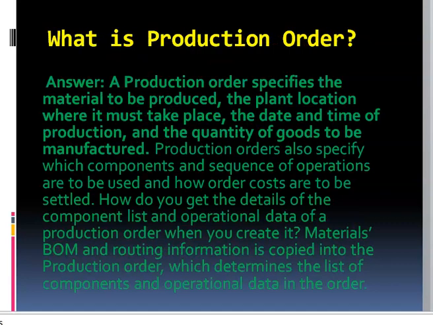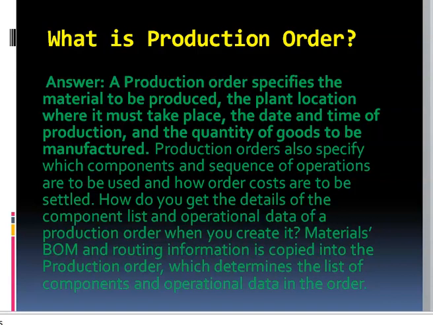What is a production order? Answer: A production order specifies the material to be produced, the plant location where it must take place, the date and time of production, and the quantity of goods to be manufactured. Production orders also specify which components and sequence of operations are to be used and how order costs are to be collected.